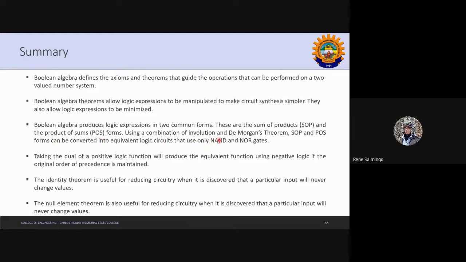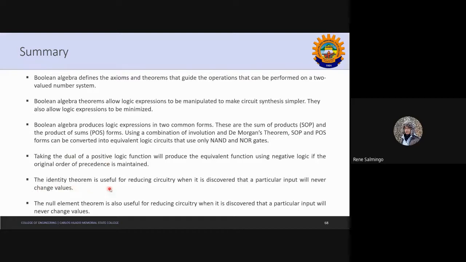The combination of involution and De Morgan theorem can be converted into an equivalent logic circuit that uses only NAND or NOR gates. Taking the dual of the positive logic function produces an equivalent function with negative logic if the original order of precedence is maintained. You use precedence by using parentheses.